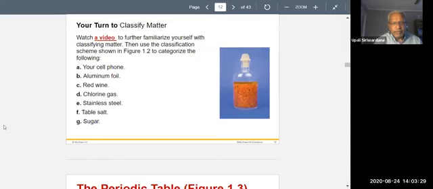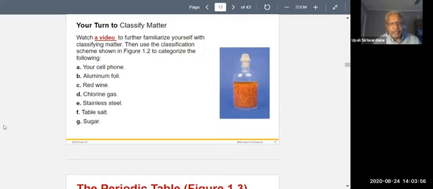Aluminum foil is made out of aluminum. So, one type of atom is an element. It could also be called a solid. Cell phone is also solid. Red wine is a homogeneous mixture.